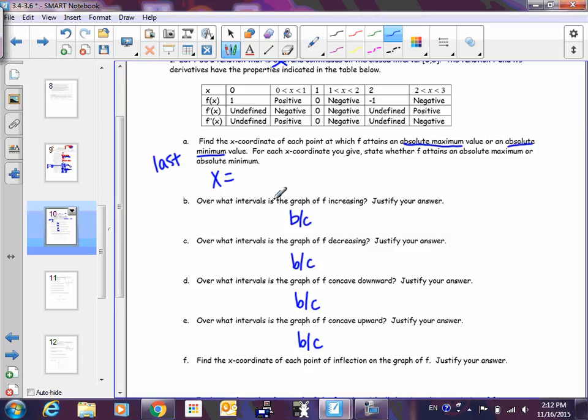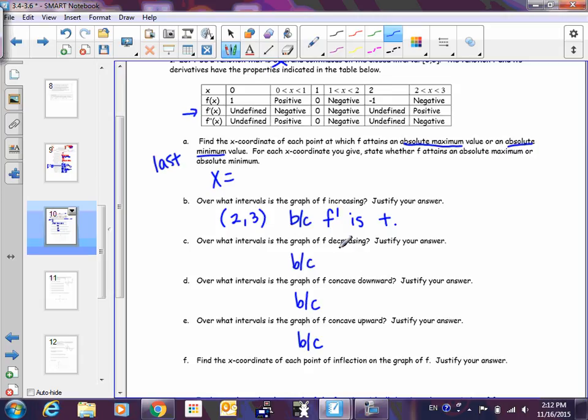So for part B, over what interval is the graph of f increasing, what would our justification be? I'll help you out here: because f prime is positive. So you go to the f prime row and pick out positive and write that interval down, 2 to 3. This is what I meant by easier. We're not finding the derivative algebraically and solving for x. We don't have to do that here.